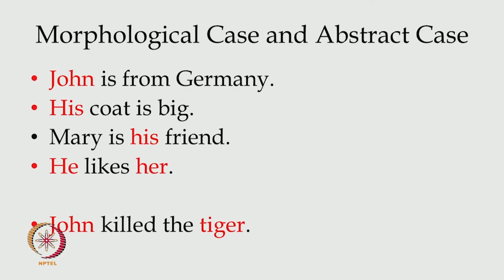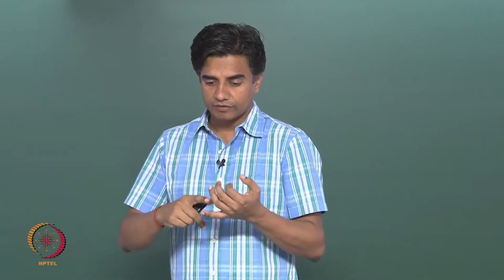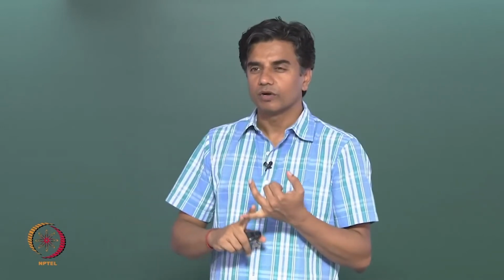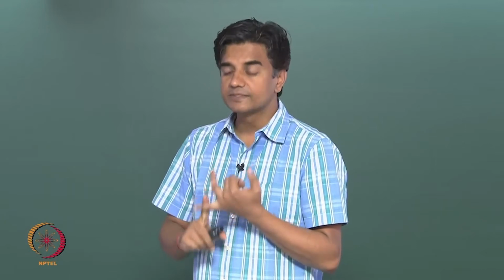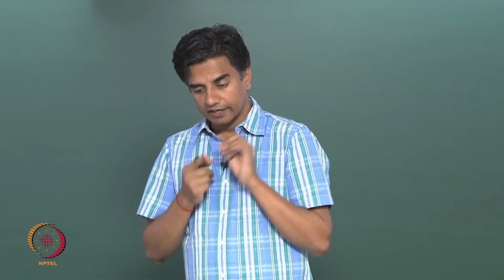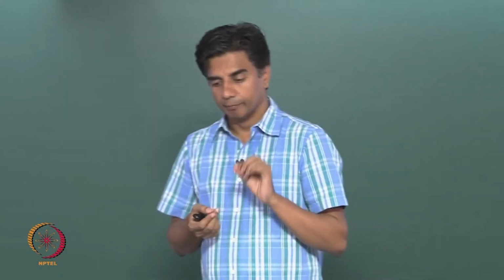So in a set of these five sentences, what I want you to see is there are some NPs which are in nominative case, some NPs in other cases. At the same time, these are examples of morphologically case marked NPs as well as NPs with abstract cases, such as John, Mary and he.